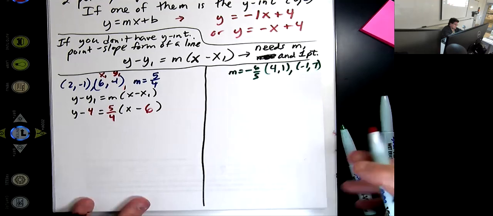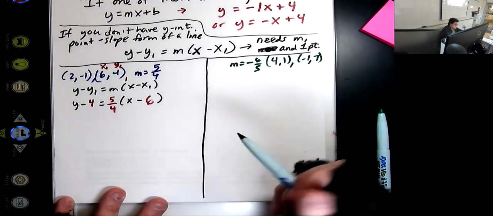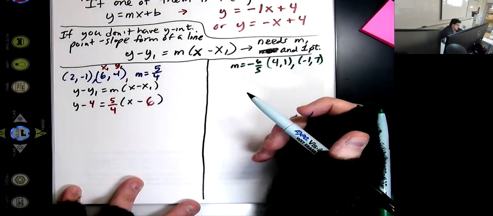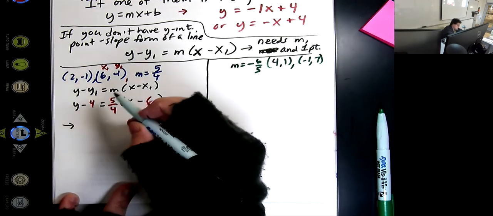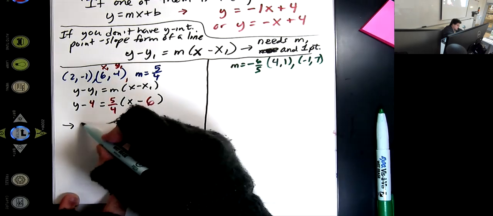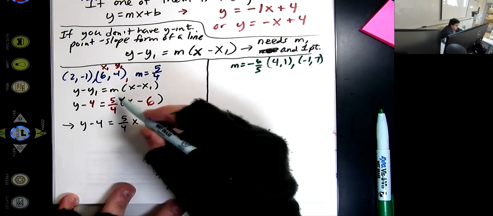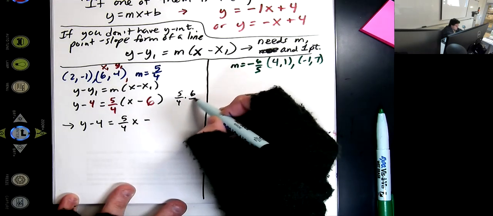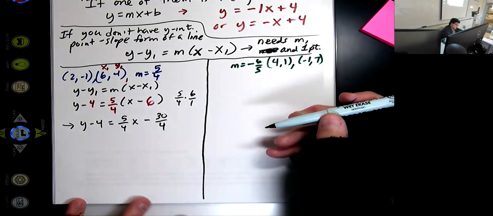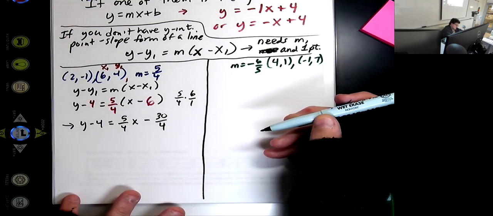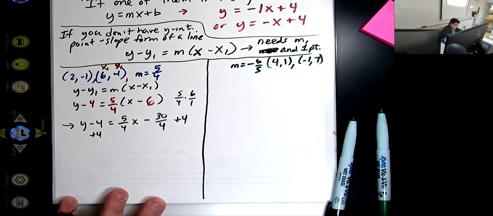We'll do the other one in a second, using the other point, but I want to show you something. This is not a very handy thing to graph with. So one thing we might want to do is write this as y equals mx plus b by distributing. 5 fourths times 6 is 30 fourths. And then I can add 4 to both sides. Adding 4 to both sides isn't very helpful.